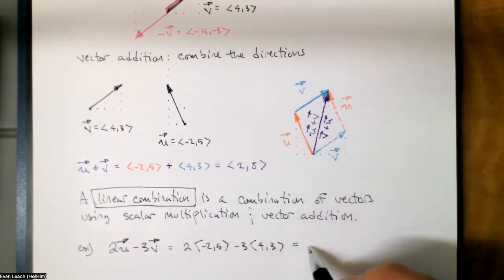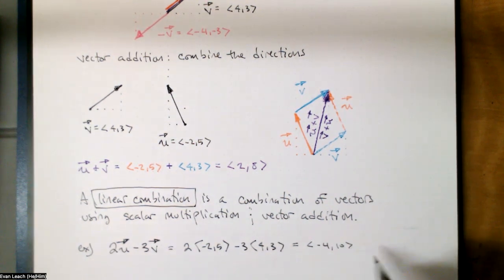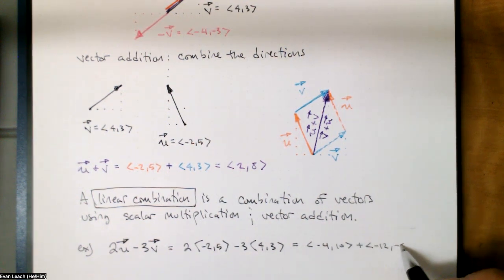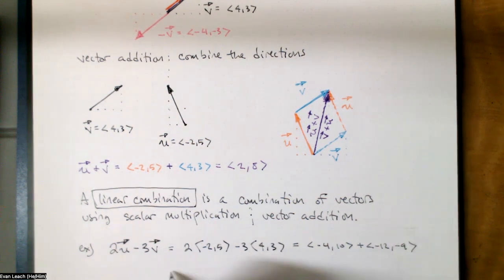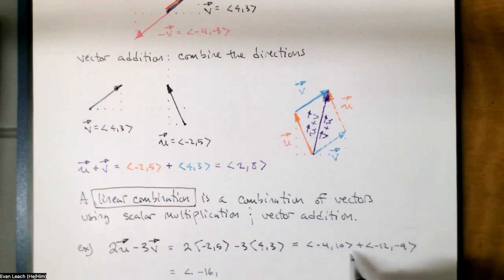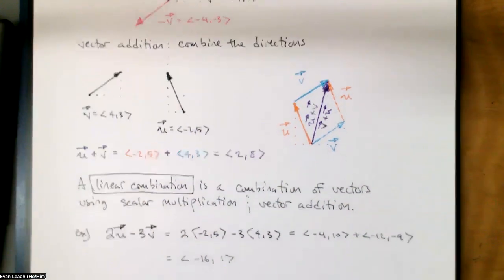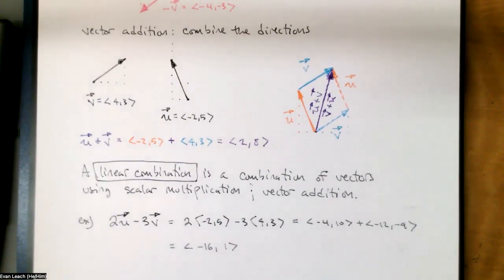So 2 times -2, 5 is -4, 10. -3 times 4 is -12. -3 times 3 is -9. -4 minus 12 is -16. 10 minus 9 is 1. So that's -16, 1, a linear combination of u and v.